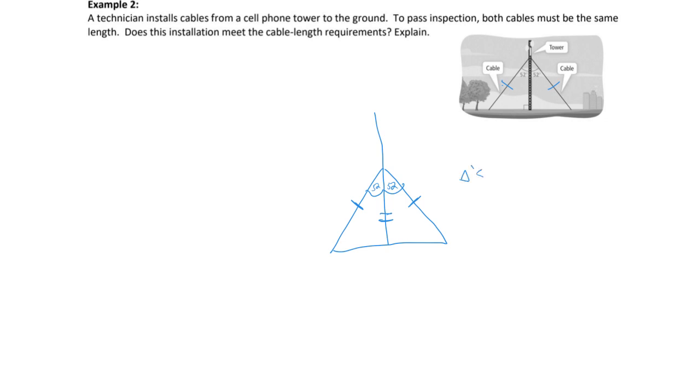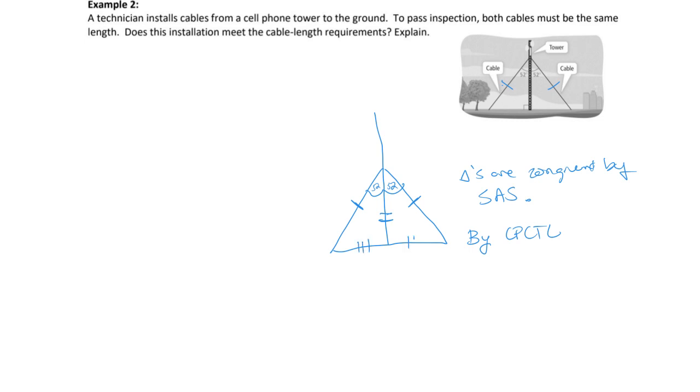So these triangles are congruent by side, and then included angle, then a side, right? So side, angle, side, right? And we need to see if all the sides are equal, right? And if we know that the triangles are congruent, then by CPCTC, corresponding parts of congruent triangles are all going to be congruent.